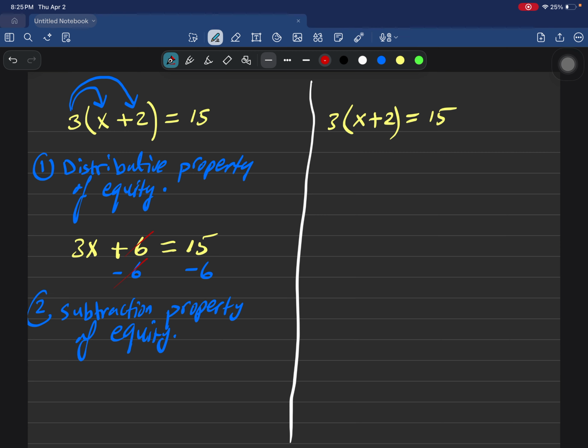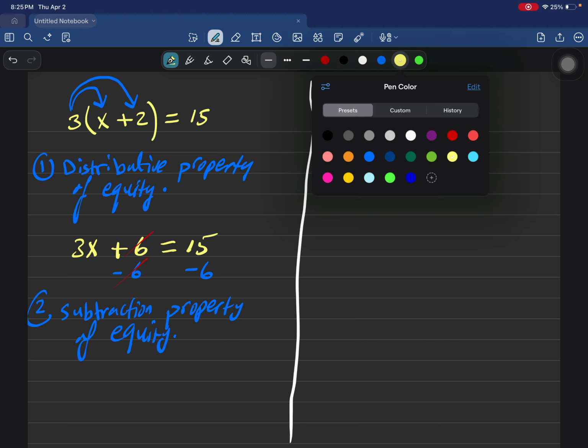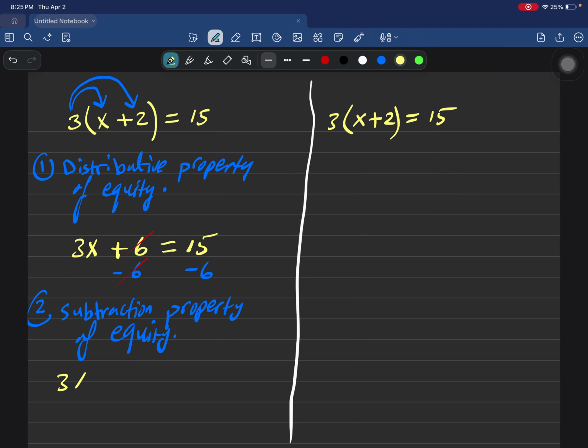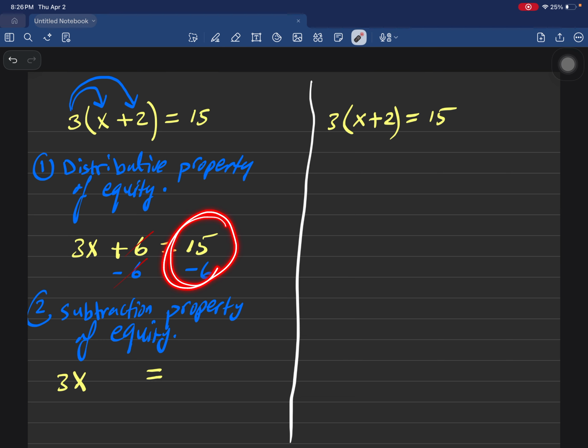So we end up taking down the 3x like this. So we end up with 3x equal to, now 15 minus 6, which is equal to 9, and we take it down.